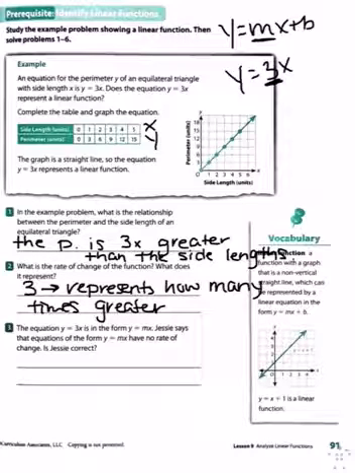Question number 3. The equation y equals 3x is in the form y equals mx. Jesse says the equation of the form y equals mx has no rate of change. Is Jesse correct? Jesse is incorrect.